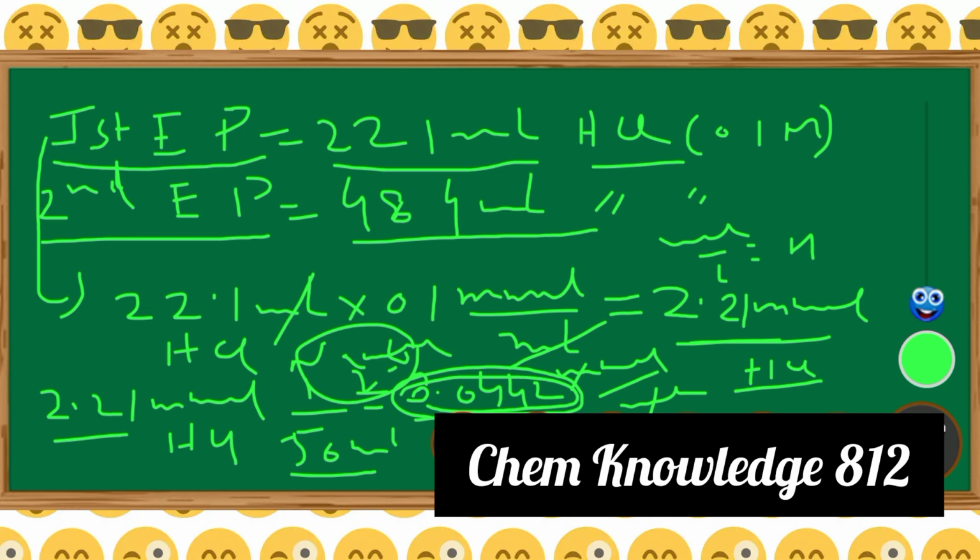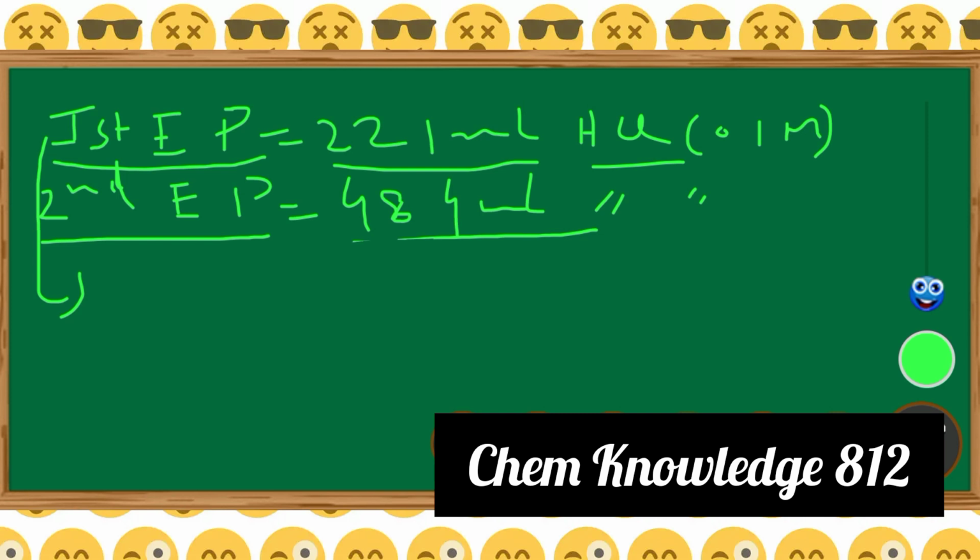Now let's come to the second endpoint, which is 48.4 ml. So we will subtract 22.1 ml, which is used in the first endpoint, from 48.4 ml, which is used in the total titration.